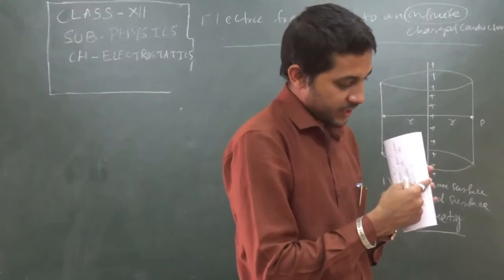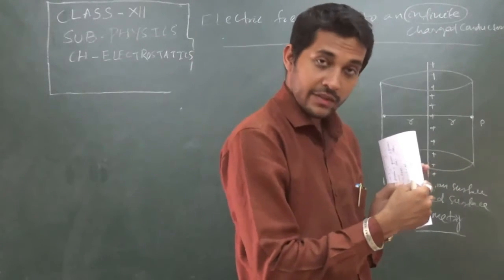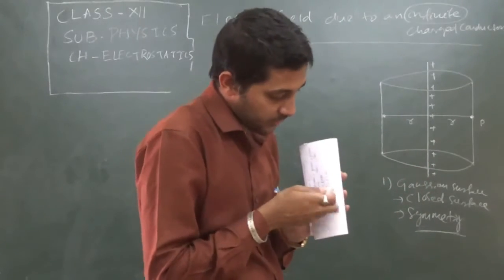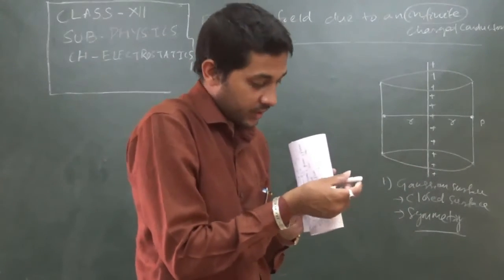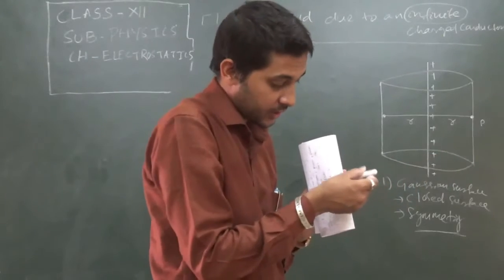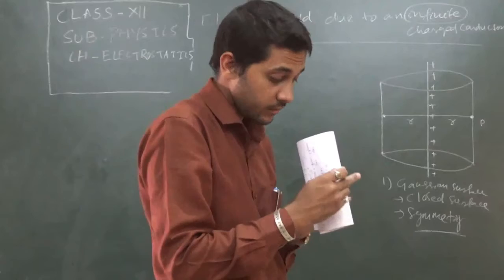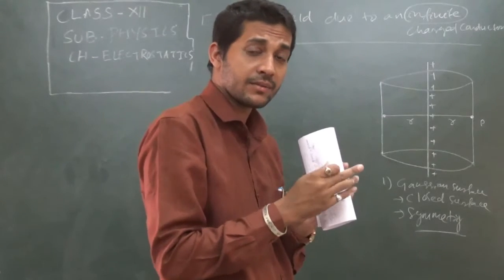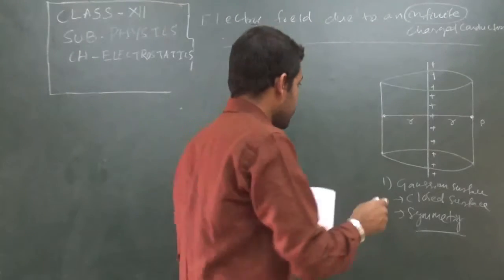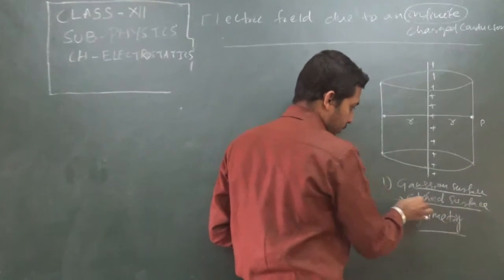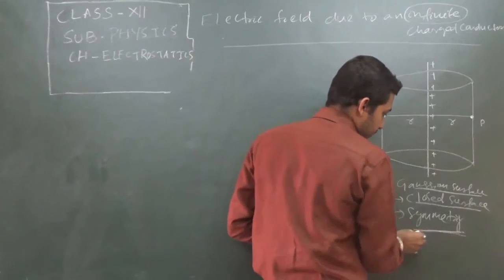So if I consider any region here, then it must have an area vector, and we know that the area vector is always perpendicular to the surface. So if the electric field is like this, then the area vector also goes like this. So all the points on this curved surface must maintain a value of theta equal to 0. So here see, it satisfies that it is a Gaussian surface, it is a closed one, and it contains symmetry.